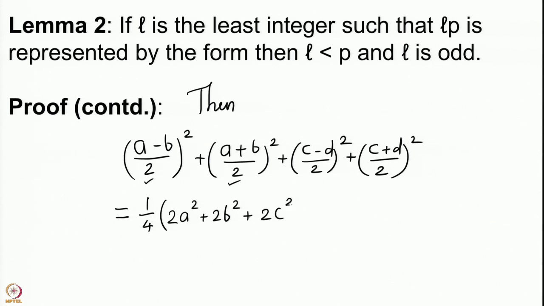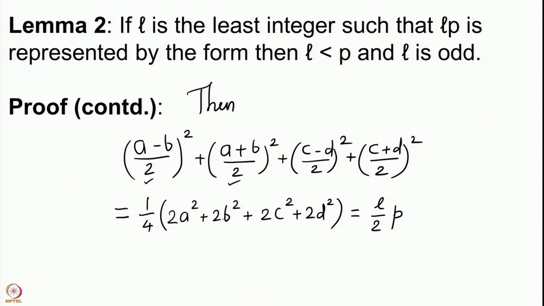Similarly, here we have 2c square plus 2d square. Ultimately, we get that this is L by 2 into P, because the 2's that you have here will get cancelled with the 2 that appears in the denominator.